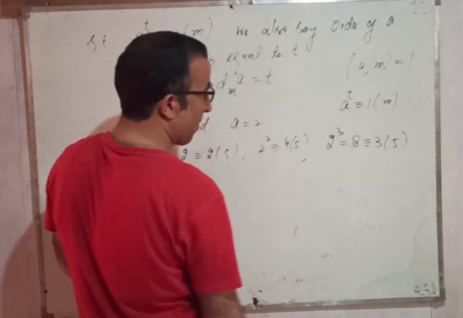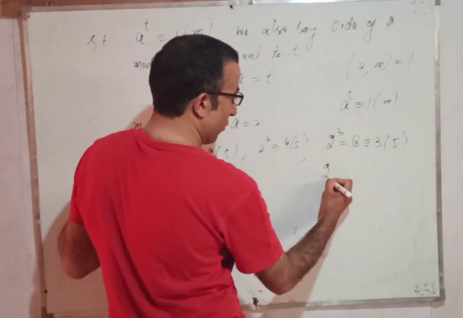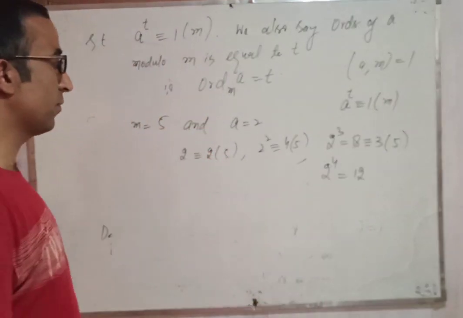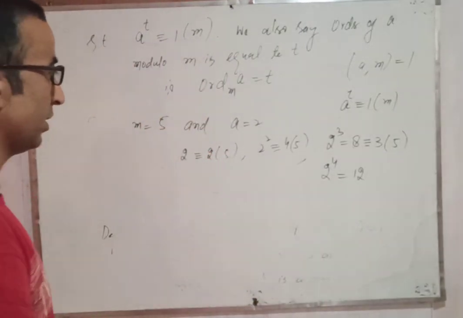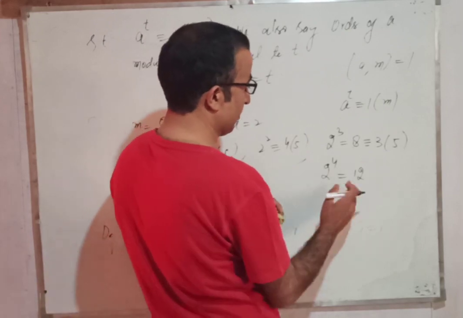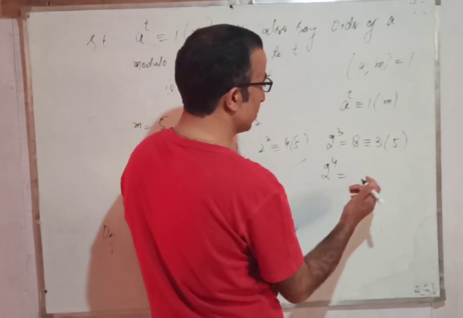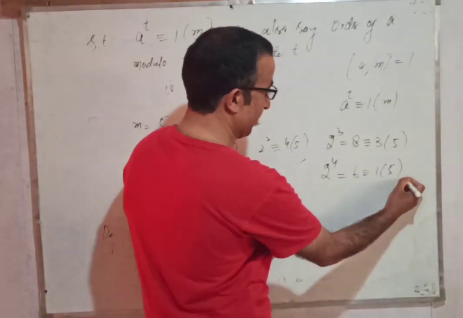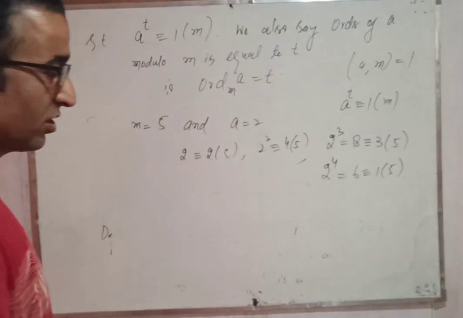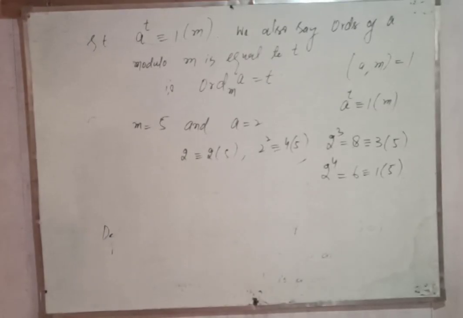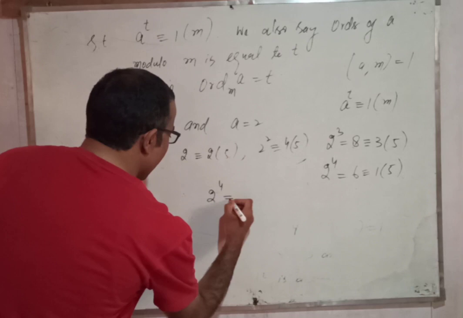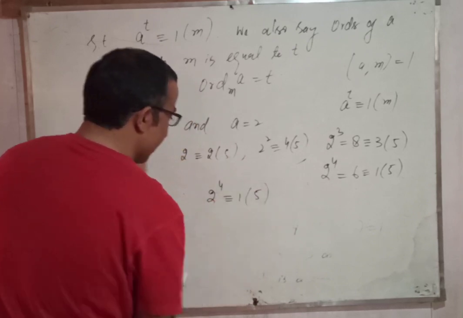2 power 4 is, I'm sorry, multiply both sides by 2, it is 6. 6 is congruent to 1 modulo 5. Therefore 2 power 4 is congruent to 1 modulo 5.